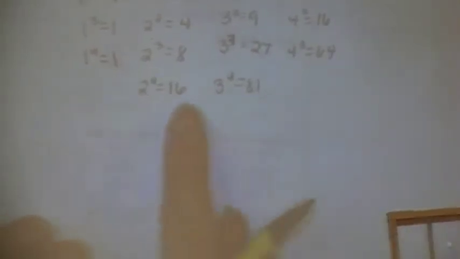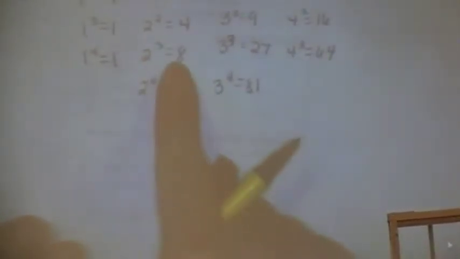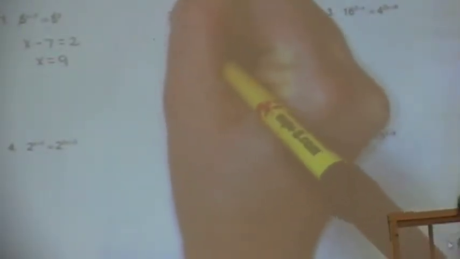Alright, so on number 2, I do not have like bases. So I'm going to try to rewrite them with the same base. 2 cubed is 8. So I can rewrite 8 as a base of 2. So the left-hand side already had a base of 2.